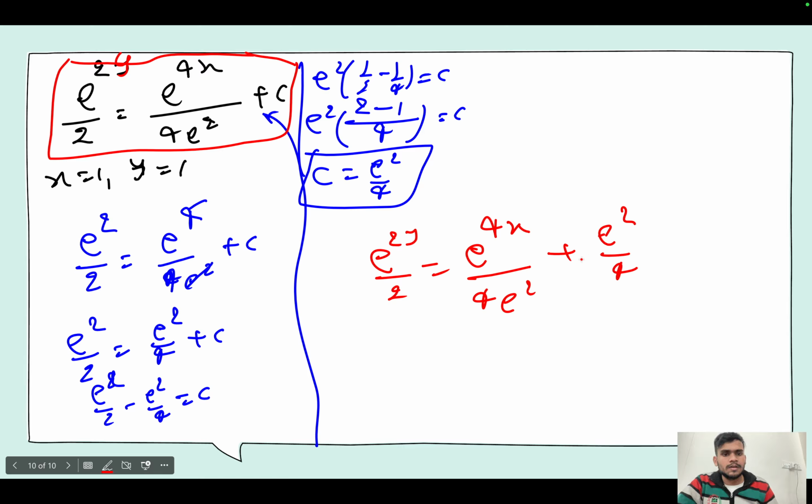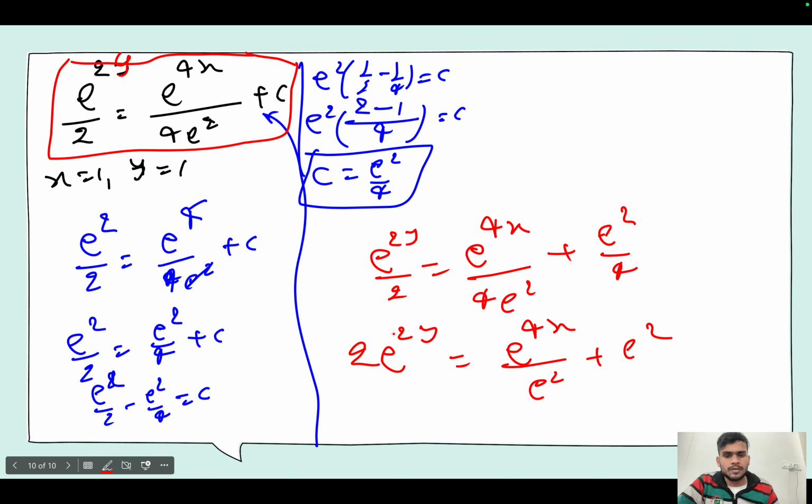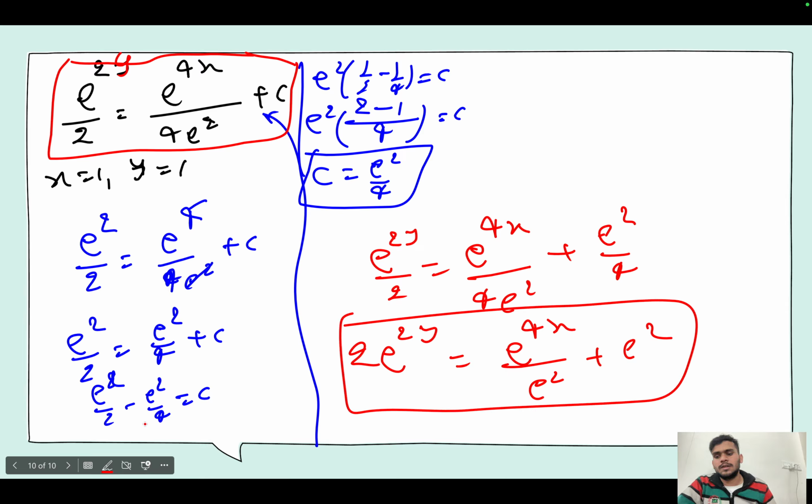You can see 1 by 4 is in each term, so multiply by 4 in each term on both sides. So 4 will be cancelled out, and from this 2 to the 4, that is 2 e to the power 2y is equal to e to the power 4x by e square plus e square. This is the required solution of our differential equation.